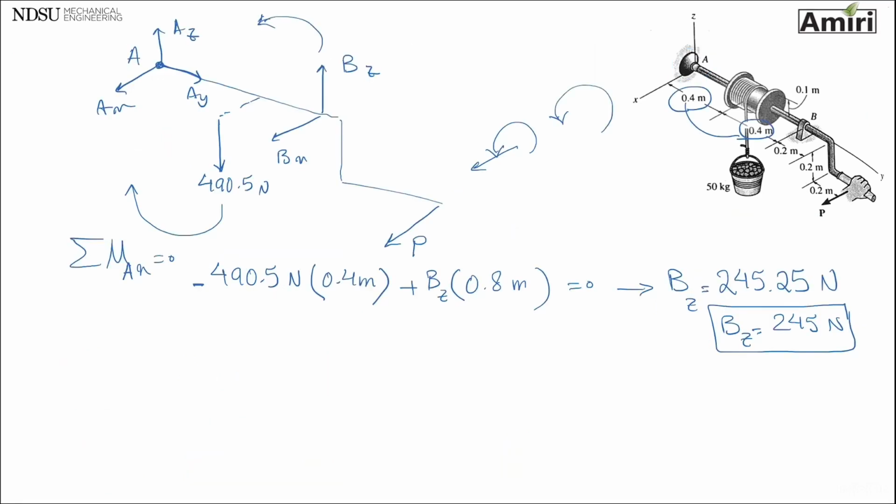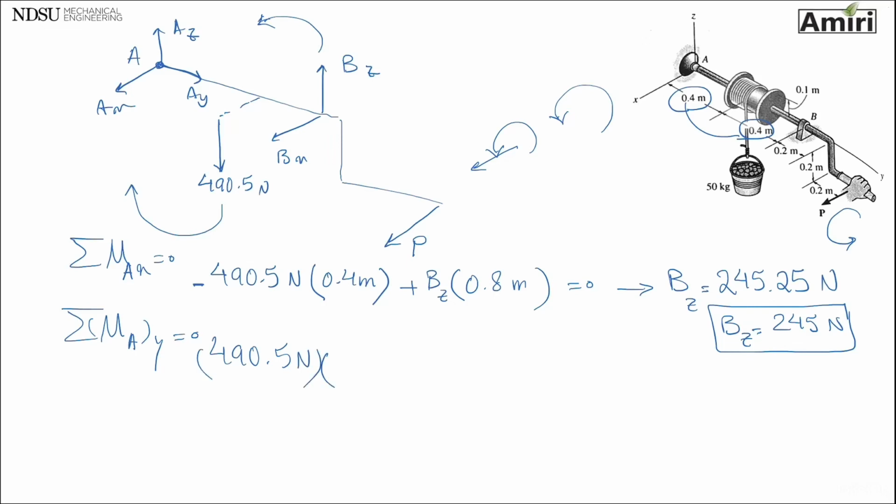Let's write moment in y direction. Or sorry, about axis y. So anything that is trying to rotate this whole thing this way, okay? AX, AY, AZ, I don't need to worry about it. That 490 is trying to rotate also in y direction.